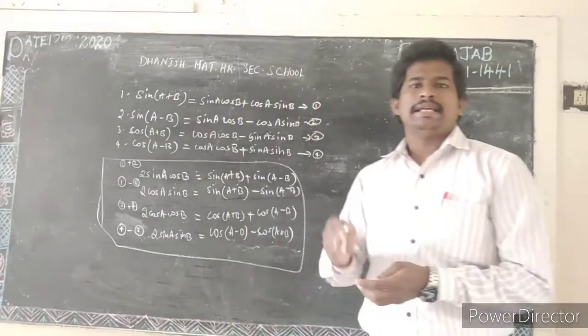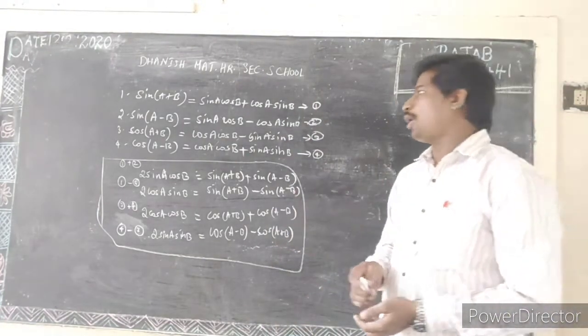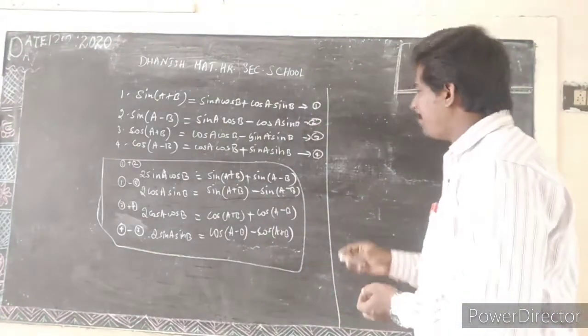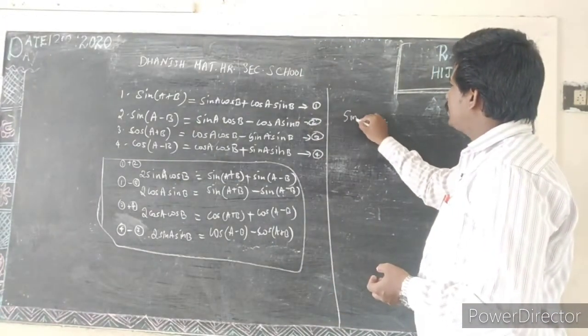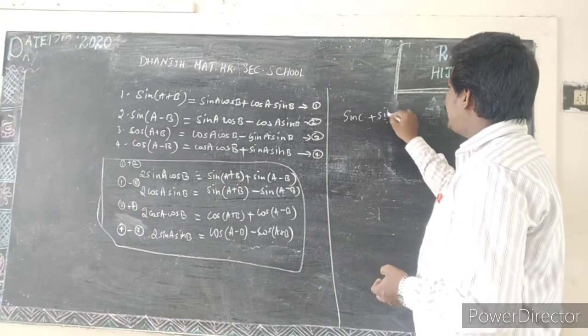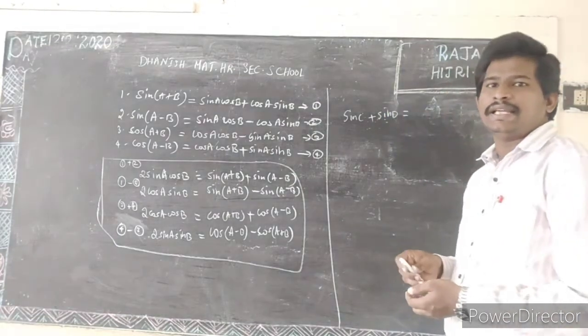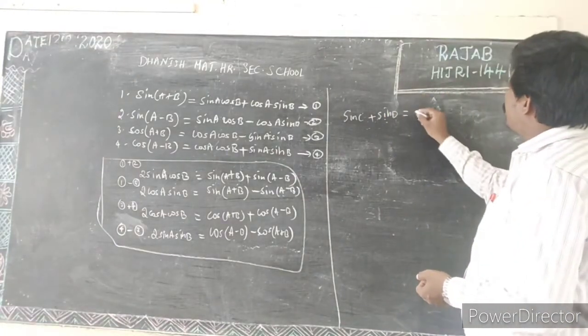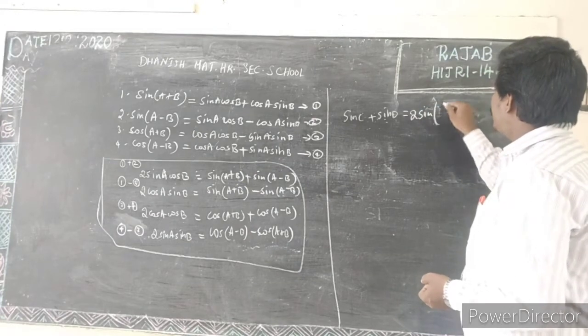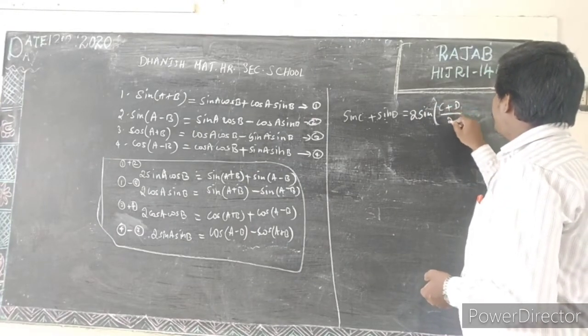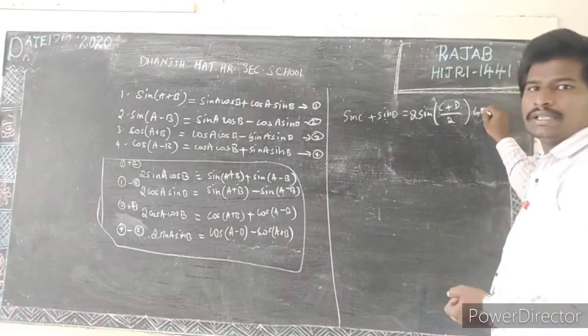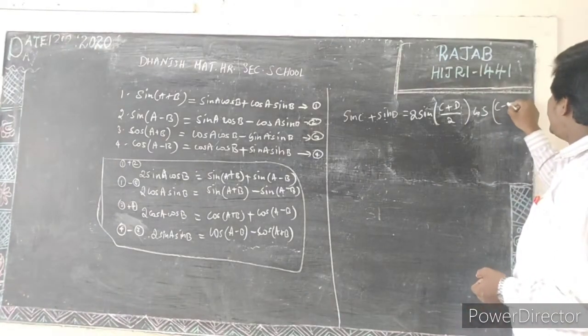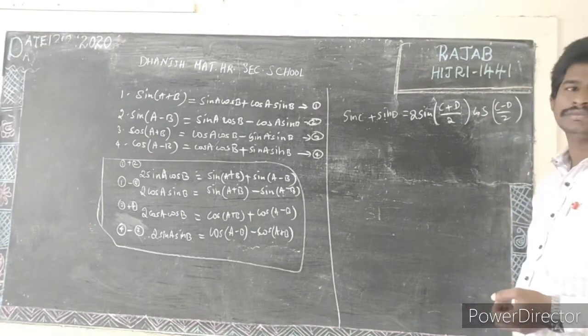Now, the second one, transformation of the sum or difference into products. Suppose if I have sin C plus sin D, sin C plus sin D equal to 2 sin of C plus D by 2 into cos of C minus D by 2.